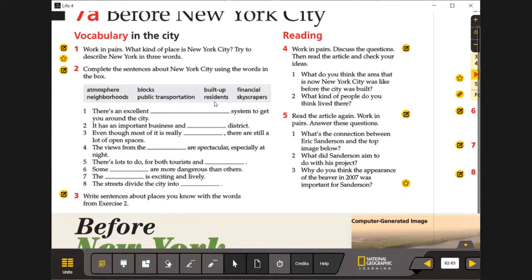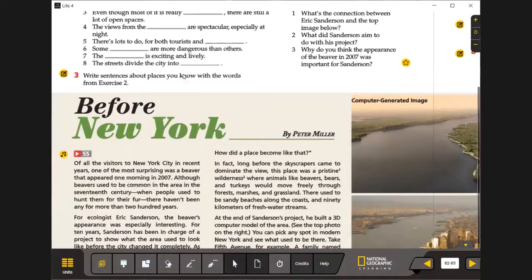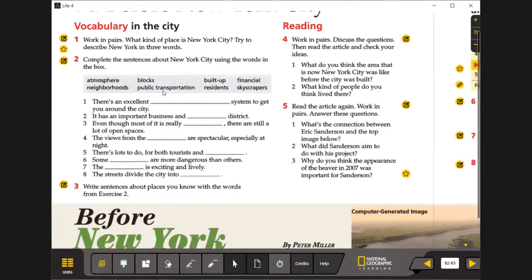Residents, people who live there. Build up is because you can see the city full of buildings like this. So these are what we call build up in the city. And public transportation, remember, is not private. Blocks, those what we call in Mexico manzanas. So those are the blocks.